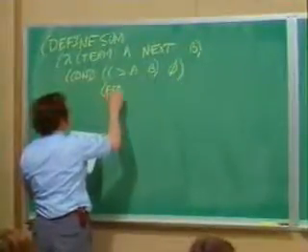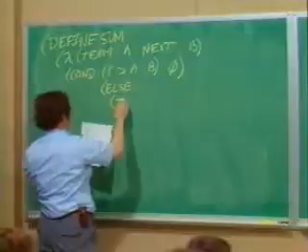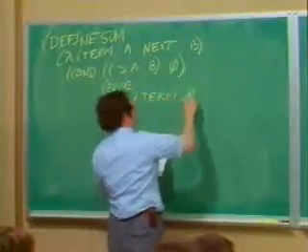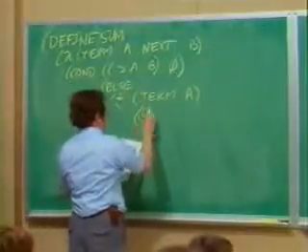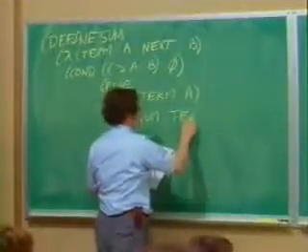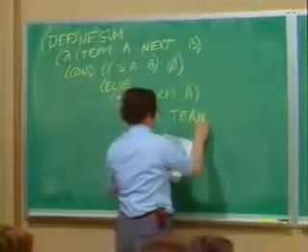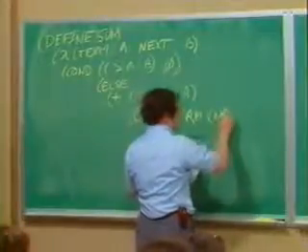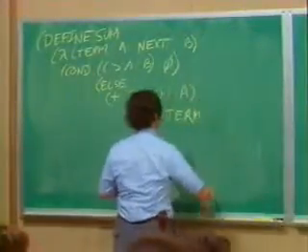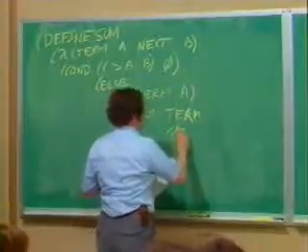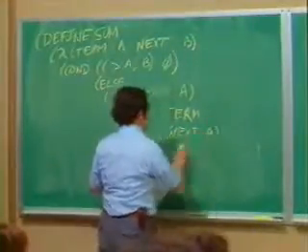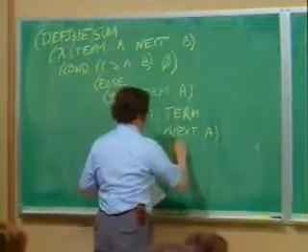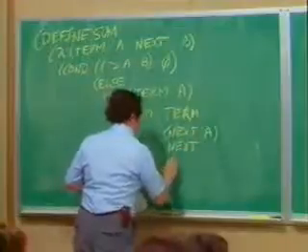Otherwise, it's the sum of the term procedure applied to A and the result of adding up terms with the next A being the next procedure applied to A, the term procedure passed along, the next procedure passed along and the upper bound being passed along.